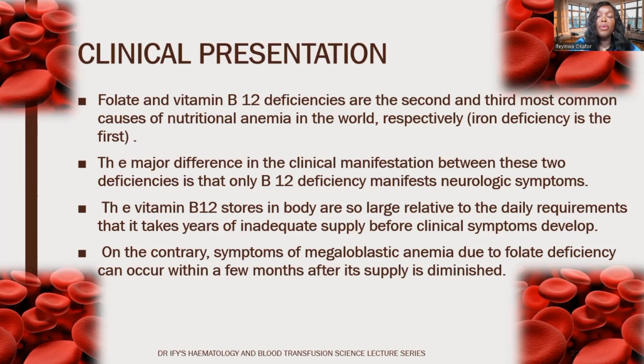The vitamin B12 stores in the body are so large relative to the daily requirement that it takes years of inadequate supply before clinical symptoms develop. On the other hand, symptoms of megaloblastic anemia due to folate deficiency can occur within a few months after its supply is diminished.